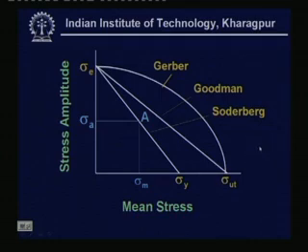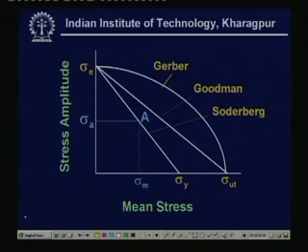Now, let us consider a line, where this is the mean stress sigma m and this is sigma A, the stress amplitude, and the line represents the Soderberg line.